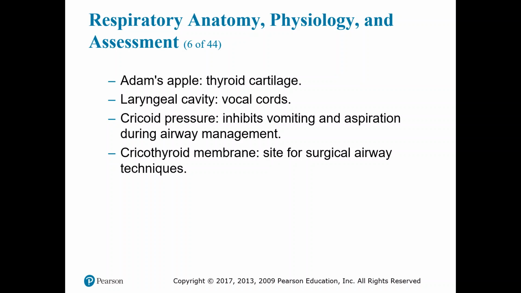Other structures approximate the larynx and are of particular interest when you perform surgical airway procedures: the thyroid gland, carotid arteries, and jugular veins. The thyroid gland is a bow tie-shaped endocrine gland located in the neck. It is highly vascularized inferior to the cricoid cartilage.